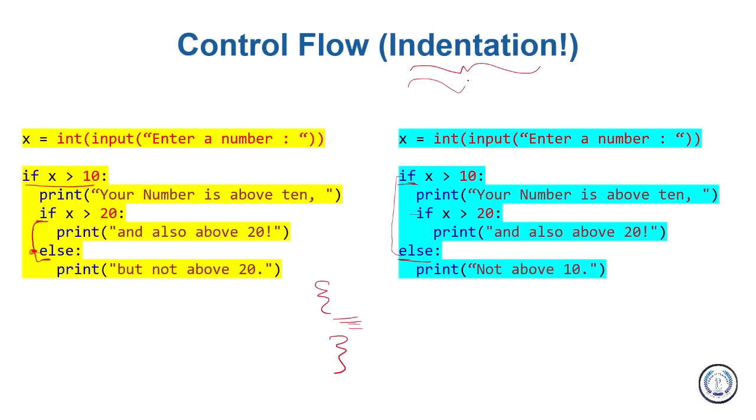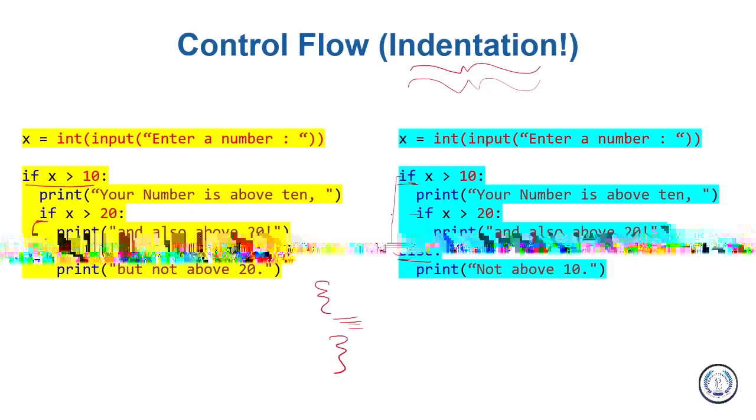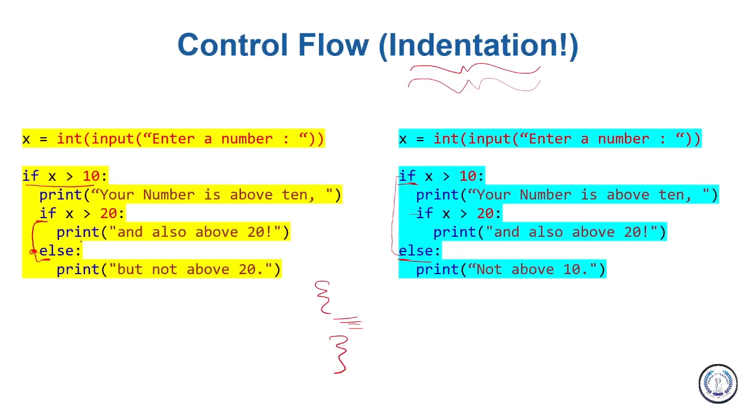So focus on indentation. That is really, really important. Although I've already told you about indentation, I made a slide over this else part because that's important. Sometimes you may get confused whether this else belongs to this if or that if.